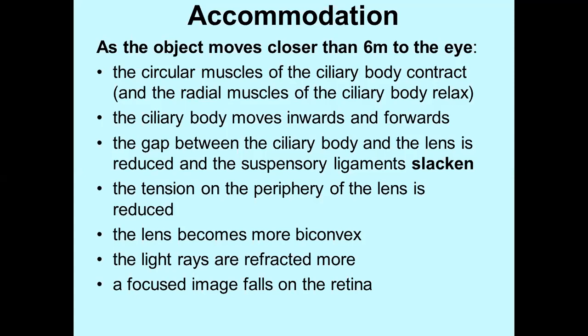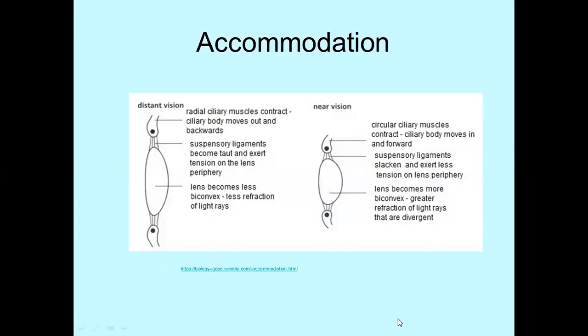The suspensory ligaments slacken. It reduces the tension on the periphery of the lens, which, because it is elastic, becomes more biconvex. And because it's more biconvex, it refracts the light rays more, and a focused image falls on the retina.